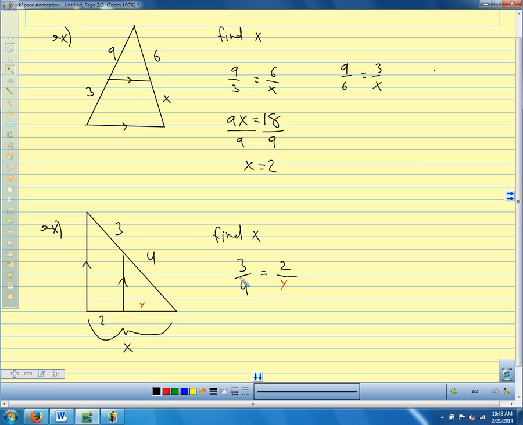Let's go with what Hunter was thinking about here. 3 over, what is the whole length of this whole side? 7. I could find the length of that whole side. 3 plus 4 equals 7. So 3 over 7 equals 2 over x. I could do it that way.